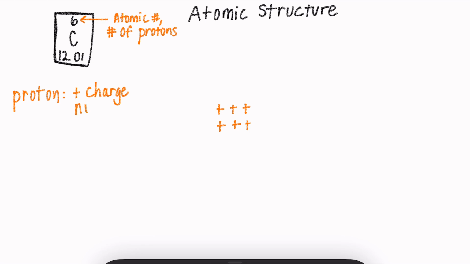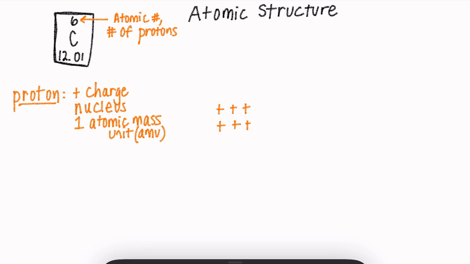It's located in the nucleus, really just like the center of the atom. And it has a little bit of weight. We say 1 atomic mass unit, or AMU. We abbreviate that.